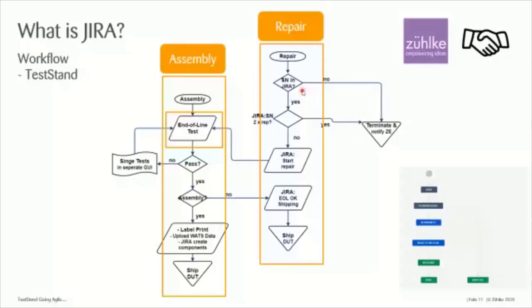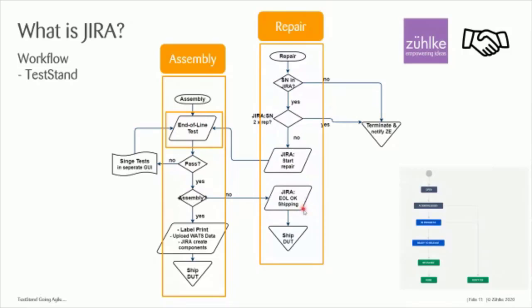If yes, then it goes ahead. If no, the repair center manager and we are notified that there's something not in order, and we can clear it up. But if we find that ticket in JIRA, we start the repair, it again goes through the end-of-line tester, and it passes. It's this time a repair, and then we tell JIRA, okay, the end-of-line tester has passed fine, and we ship the device, and the device is being sent out.